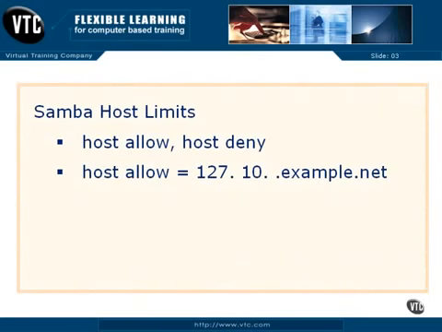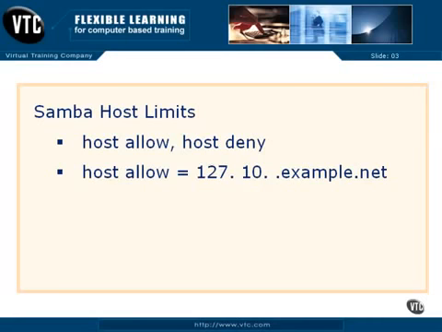You can also limit access by IP address, host name, or domain name. For example, the following directive, this hosts allow directive, limits access first to the local host system, which corresponds to the 127. IP version 4 address.